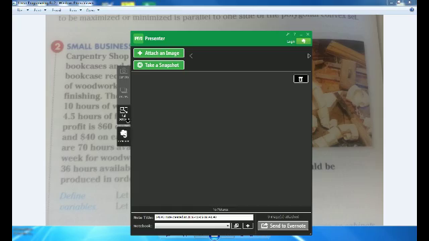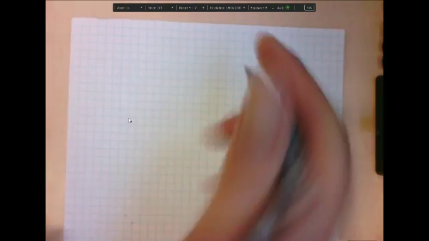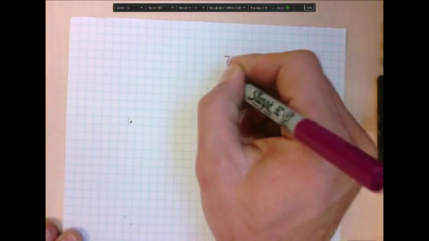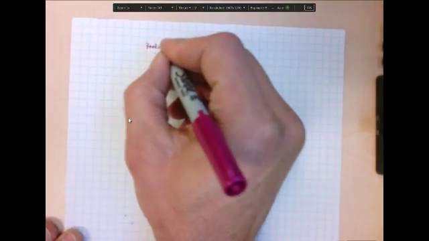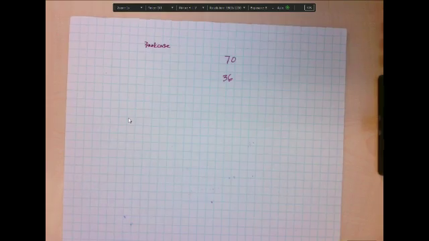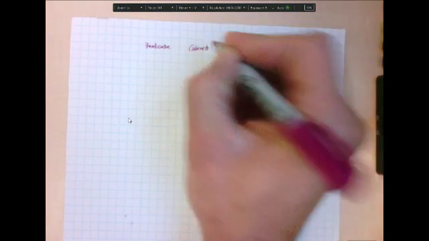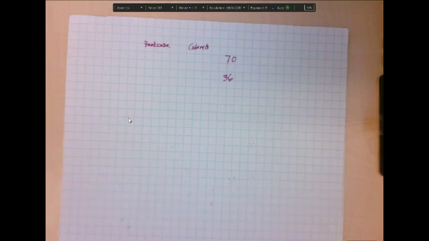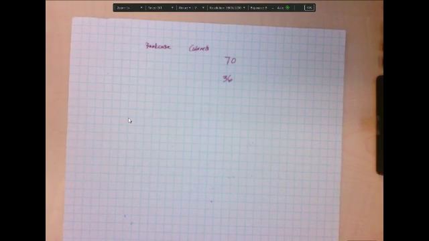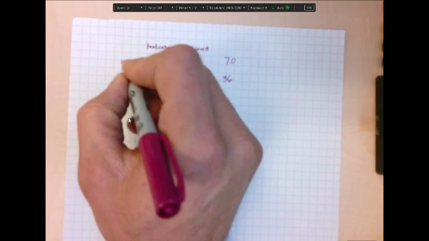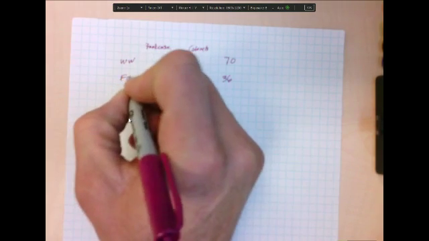Whoa, that's not what I wanted. Okay, so we have bookcases. And what else was there? Cabinets. Okay. And what were our woodworking and finishing?